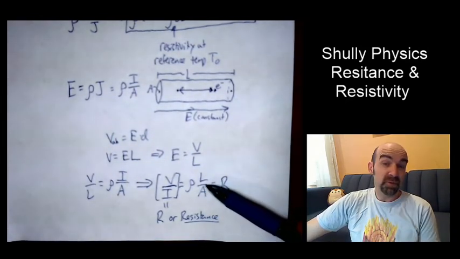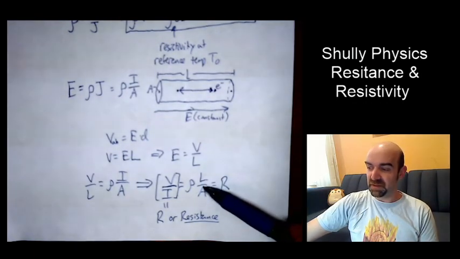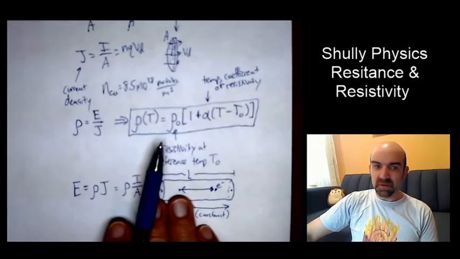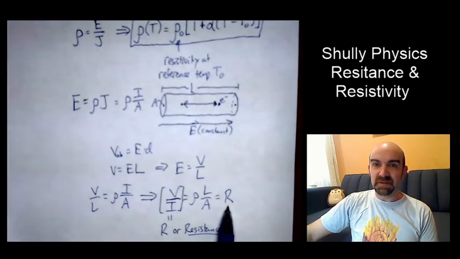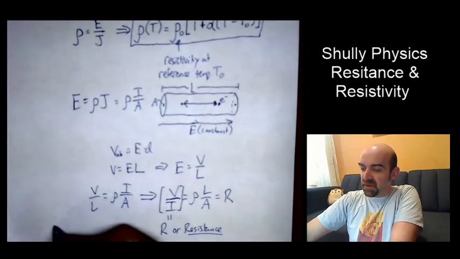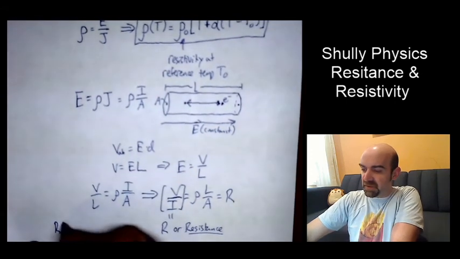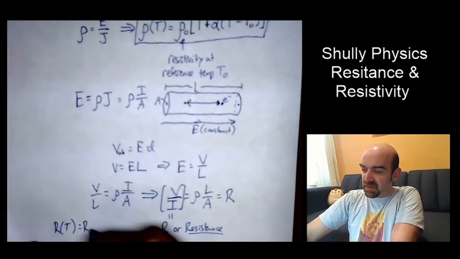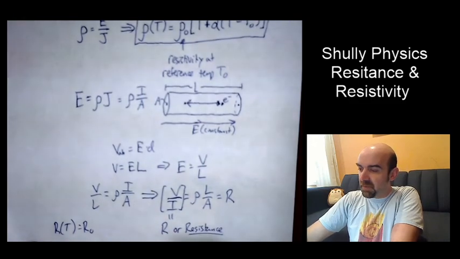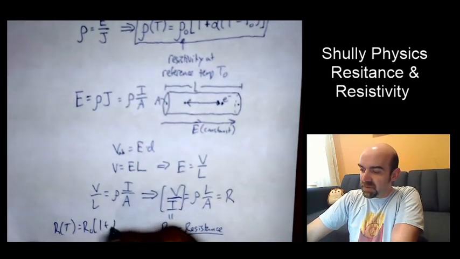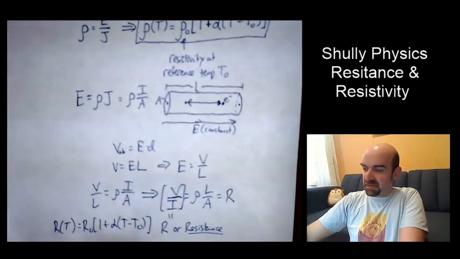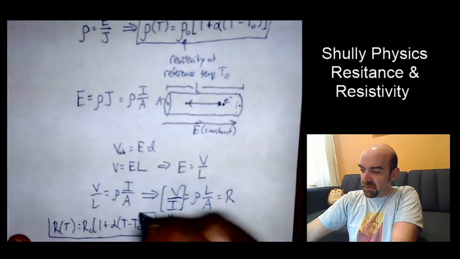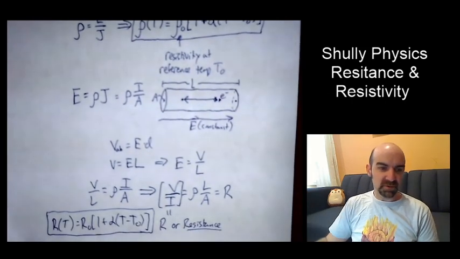They actually both might expand proportionally, and so that doesn't affect things anyway. So if rho is a function of temperature also, then in addition, resistance is a function of temperature, and we can write that temperature dependence like this as well. Instead of rho, we can use R, 1 plus alpha (T minus T0). So that's just a little offshoot result of all this.